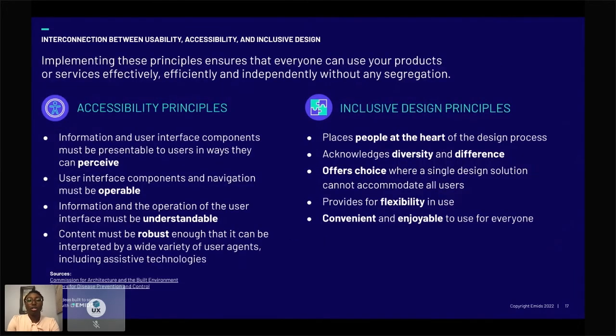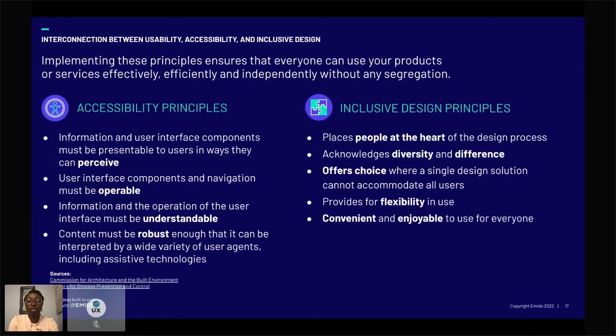And so to help us start thinking about designing for inclusiveness, I would like to talk about principles that guide accessible product design and development, and also how these principles are connected to inclusive design. So, accessibility principles, there are four of them. The first has to do with perceivable.